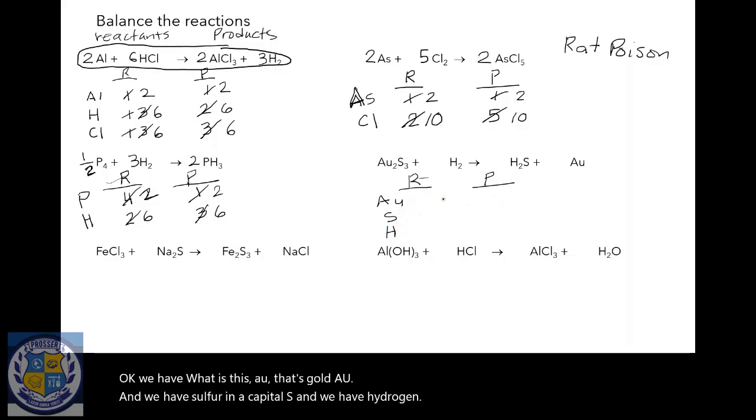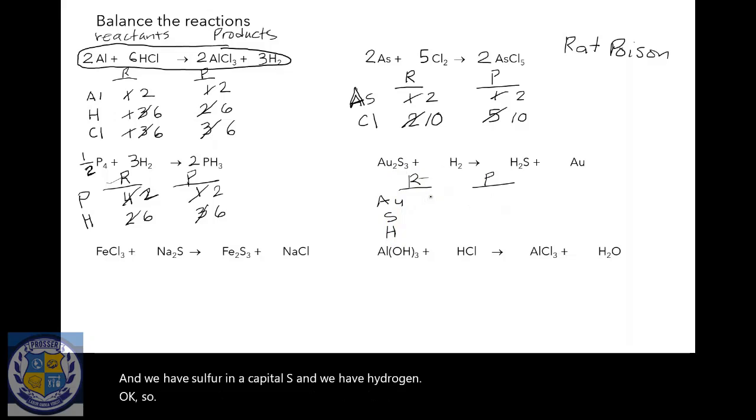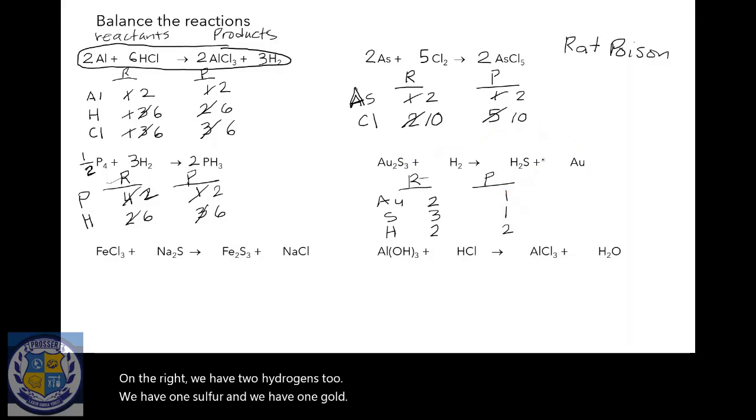Okay, so on the left, we have 2 gold atoms, 2. We have 3 sulfurs, 3. And we have 2 hydrogens, 2. On the right, we have 2 hydrogens, 2. We have 1 sulfur, and we have 1 gold.